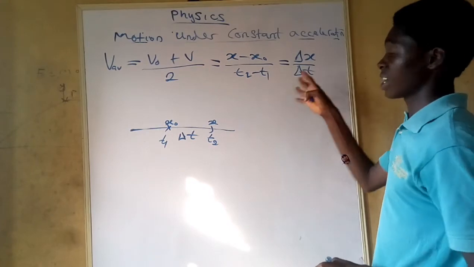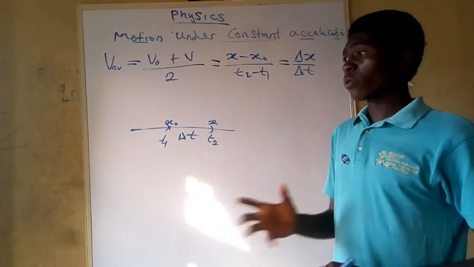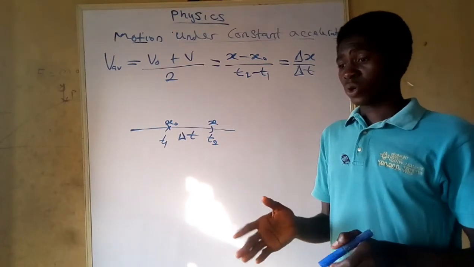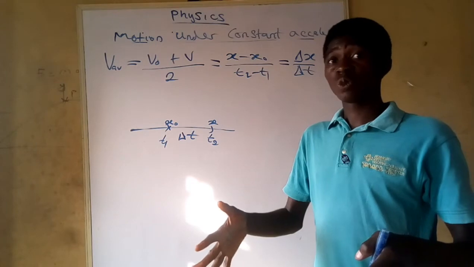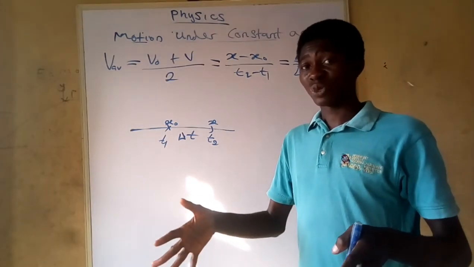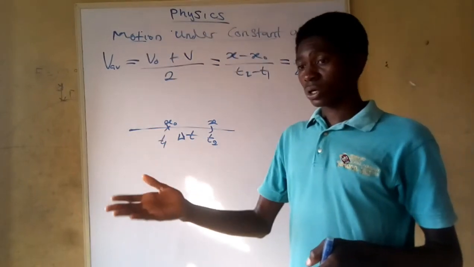That is average velocity. Now when we are taking average velocity, the time interval will have to be a little bit large. It will be maybe 1 second, 2 seconds, or stuff like that.